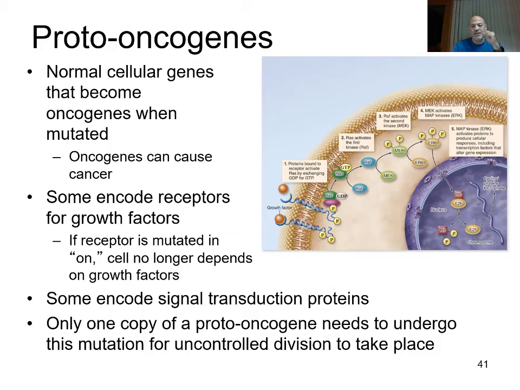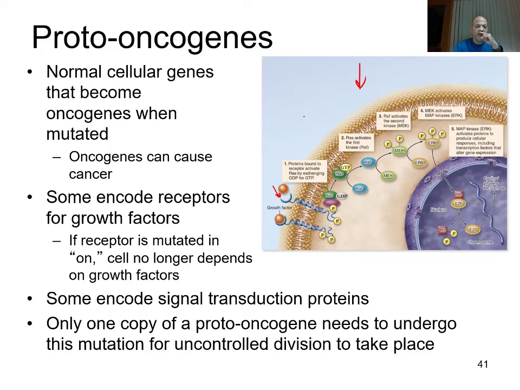So we were looking at the RTK pathway, the receptor tyrosine kinase pathway. This is that same image from there. So imagine any one of these proteins that are along the way, starting with the receptor there, to any one of these kinases. If any one of those becomes mutated in such a way that they're on a permanent on condition, on switch, then they're going to constantly cause this cascade of processes to occur that gets the cell to go through cell division.